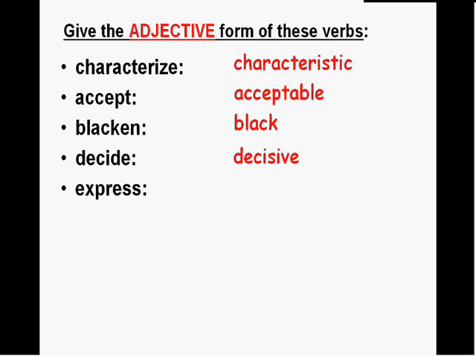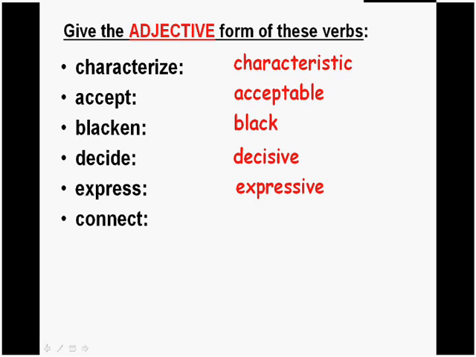Express as a verb, then the adjective is expressive. Expressive, again, ive at the end. Connect, and the adjective is connected. Yeah, don't tell me that this is the past tense of the verb.